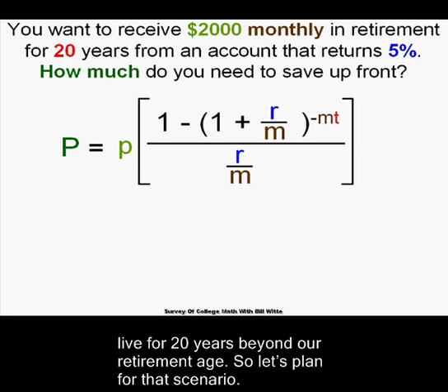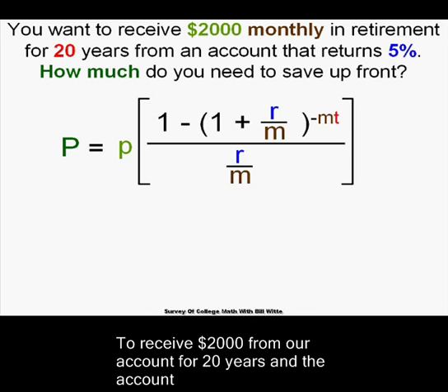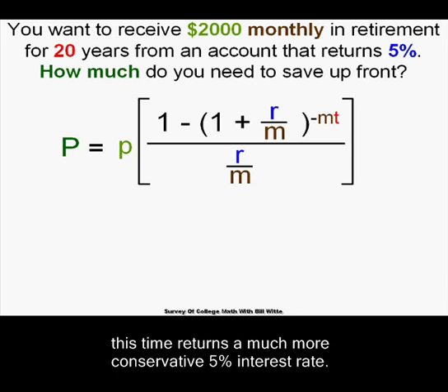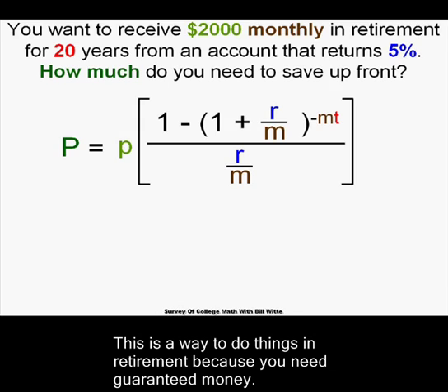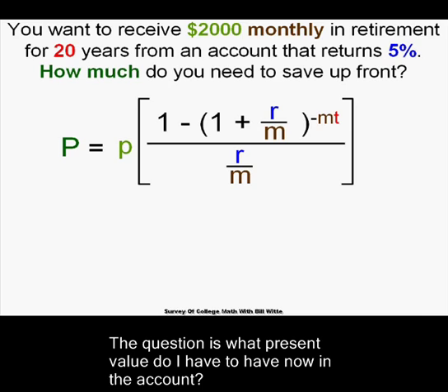So we want to receive $2,000 from our account for 20 years, and the account this time returns a much more conservative, this is the way you do things in retirement, a much more conservative 5%. The question is, what present value do I have to have now? How much do I need to save up front and put in the bank so that I can start making those payments to myself and not run out of money?